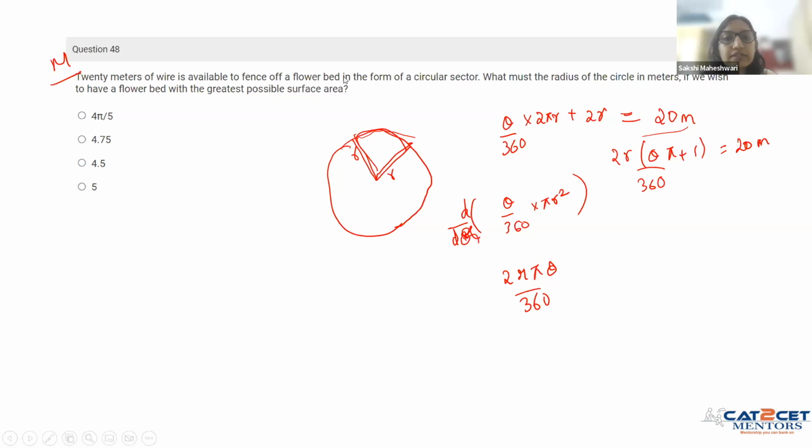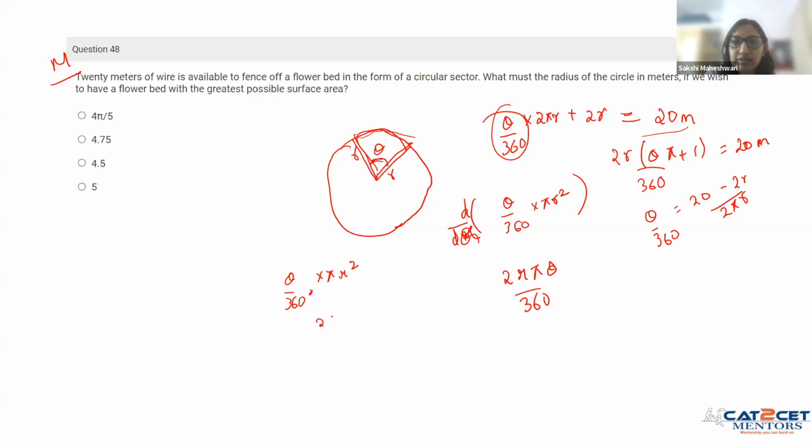So the surface area will be given as theta by 360 into pi r square, right? So we'll have to replace the value of theta by 360. So you can write theta by 360 as 20 minus 2r by 2 pi r.